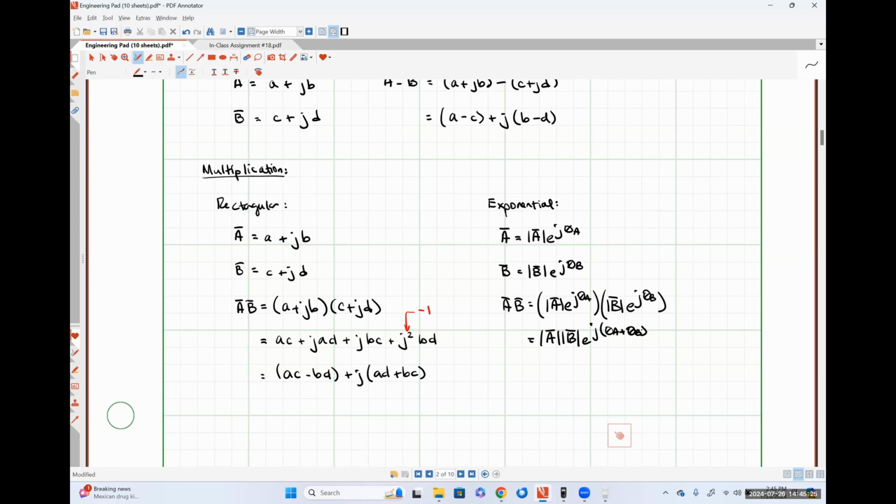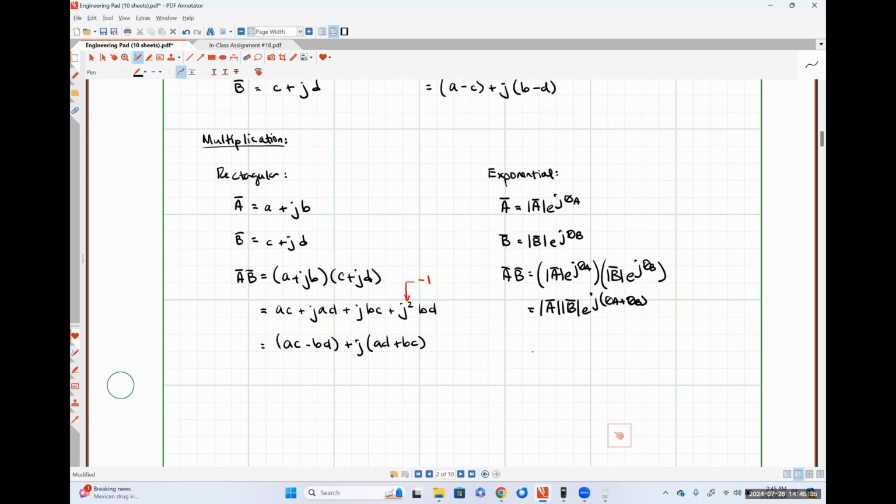So multiplying complex numbers together is a little bit easier to do in exponential form. In polar form, just jumping to the end here, a times b would look like magnitude of A times magnitude of B, with an angle of theta A + theta B.